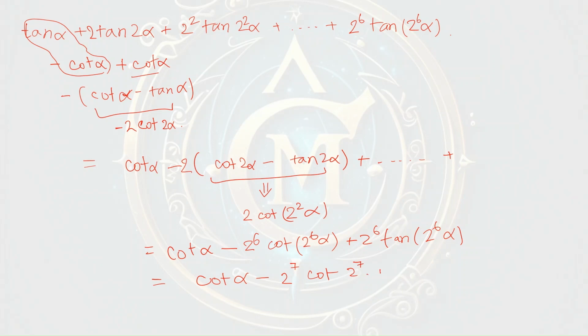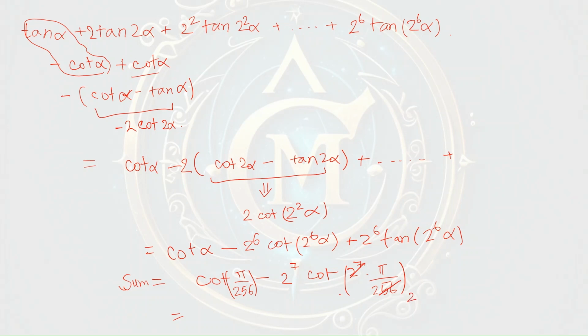Now alpha we can write as pi over 256. So this will be the summation of that series. So we can replace this alpha also as cot of pi by 256. Now see here, it will give us 2 here in the denominator.